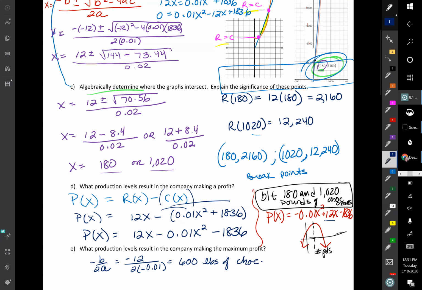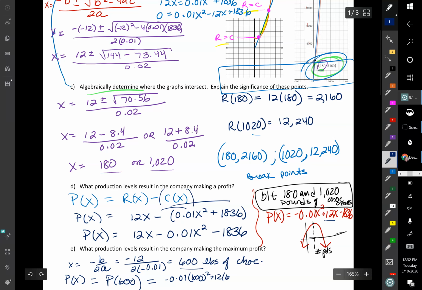Well, if you want to know exactly what that profit is going to be, then you need to take that 600 and plug it into your P of x. So we're going to find now P of 600, and that will end up being negative 0.01 times 600 squared plus 12 times 600 minus 1836.